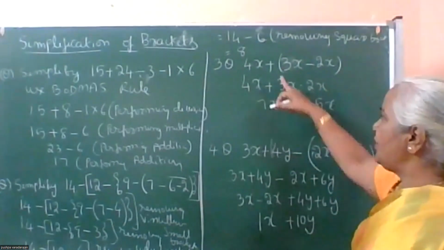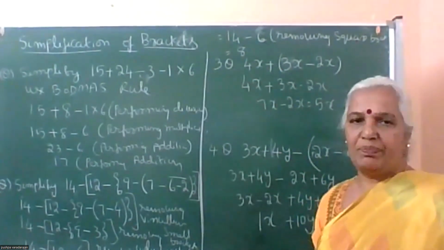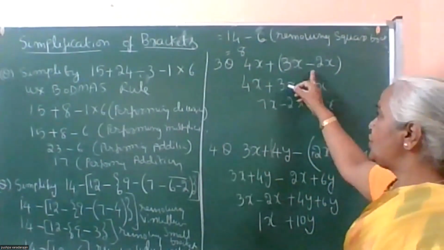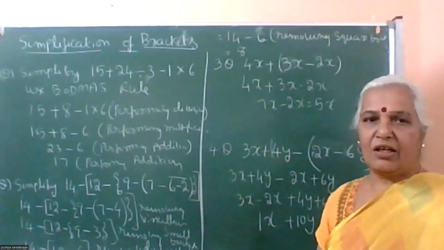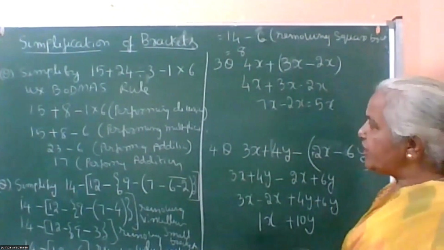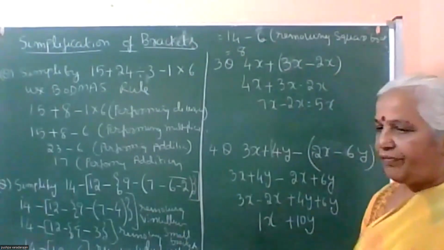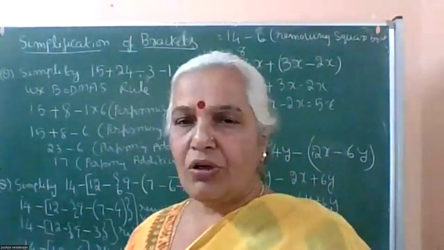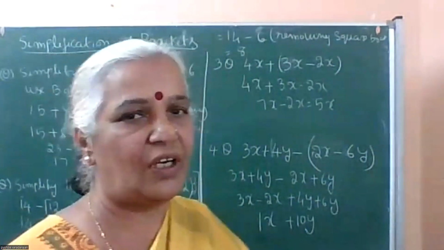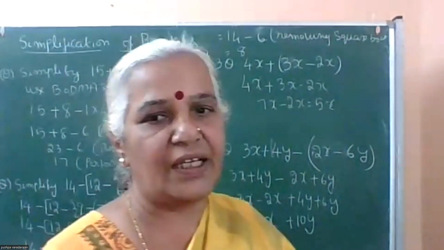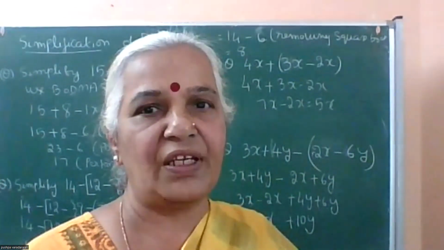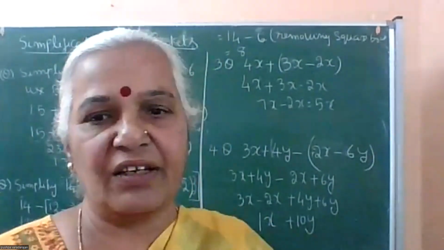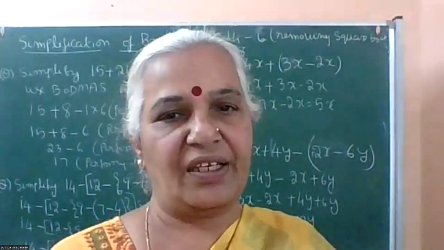See here, if the bracket is followed by a plus sign, then there is no change in the sign of the terms inside the bracket. Just remove the bracket. If the bracket is followed by a minus sign, then we have to change the sign of each and every term inside the bracket.